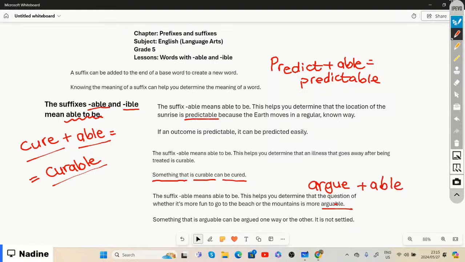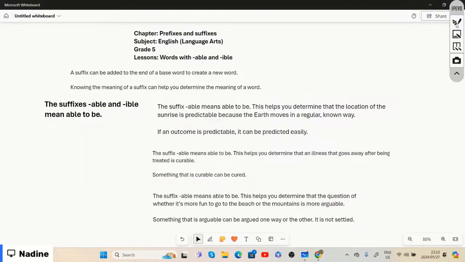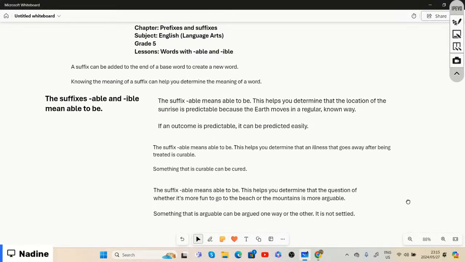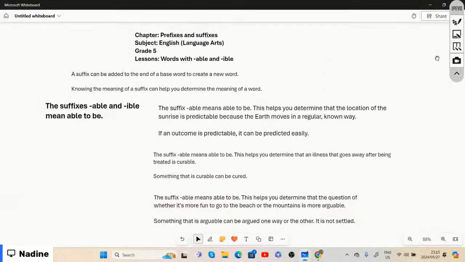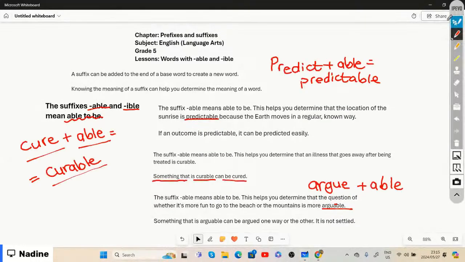So we have argue plus able. And argue plus able, it is something that is arguable, can be argued one way or the other way. It is not settled.